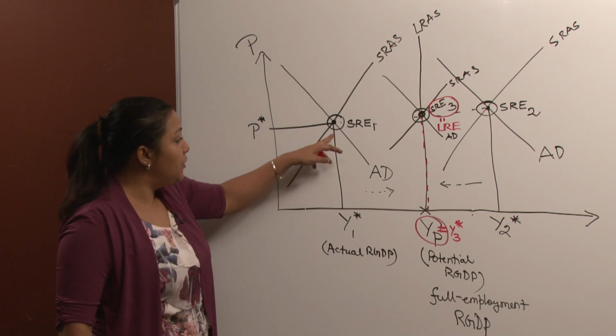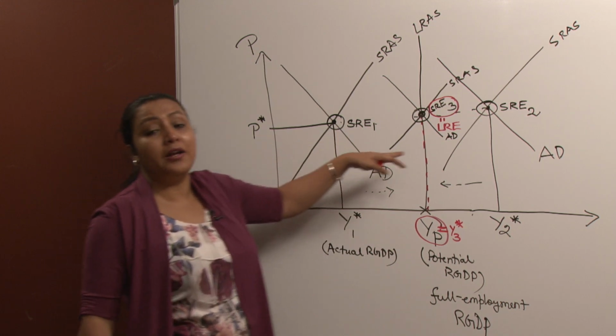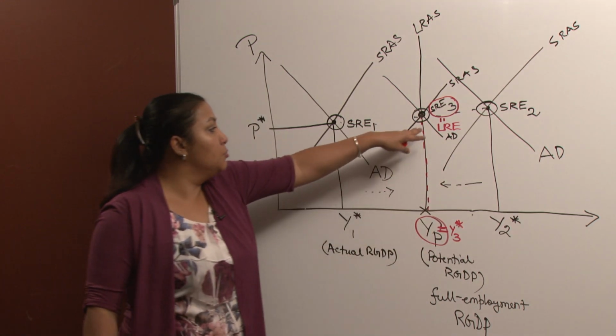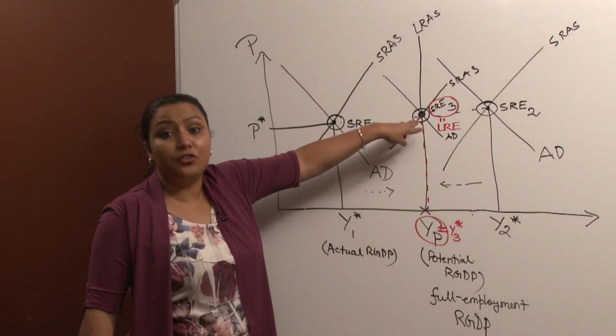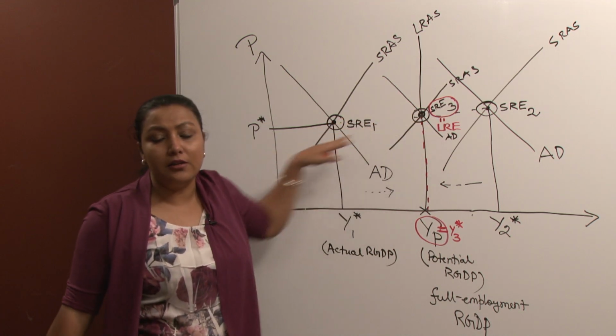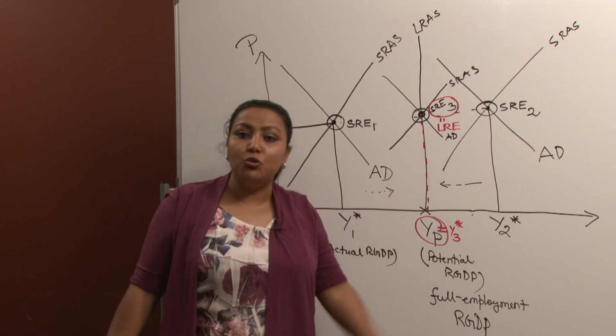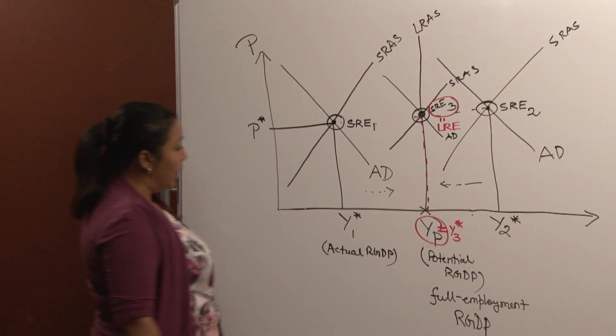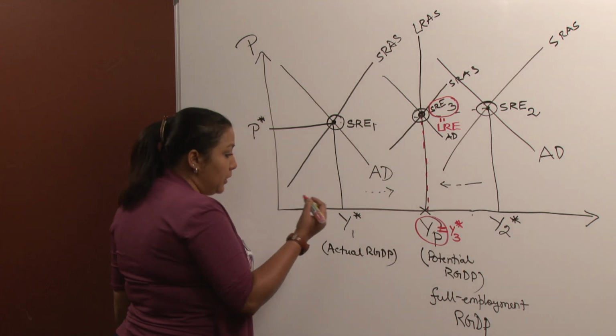Okay. If the country is at something like SRE1 and SRE2, then the ultimate objective of the country is to move to an equilibrium like SRE3 in the long run. That means whenever you are away from that vertical line, your objective is to come to that vertical line. Okay. Now, let us dig in a little bit deeper.